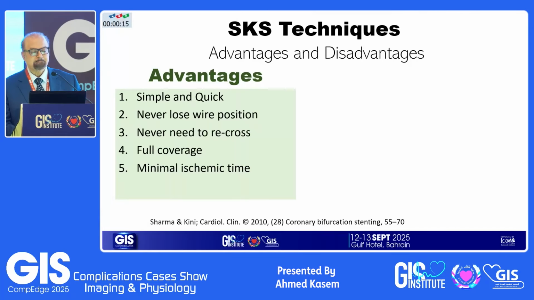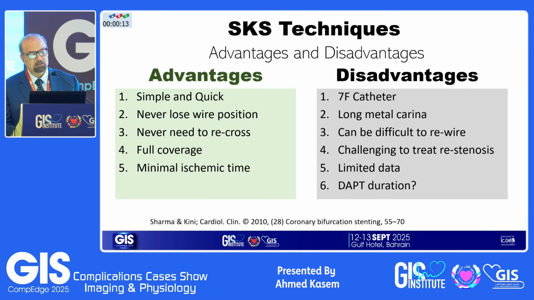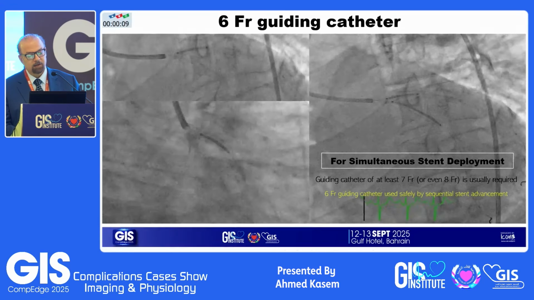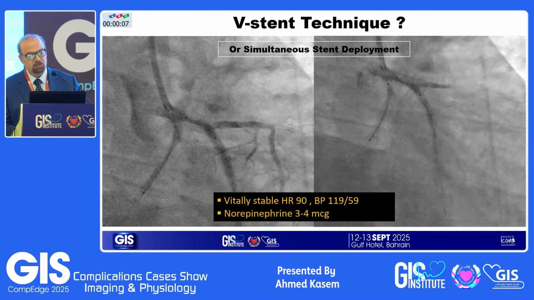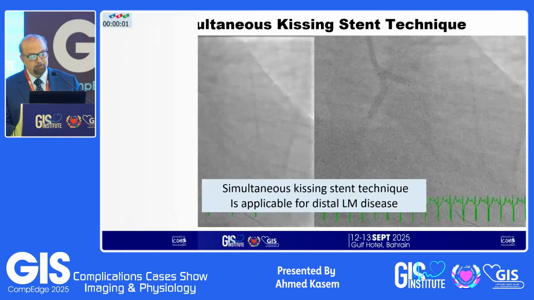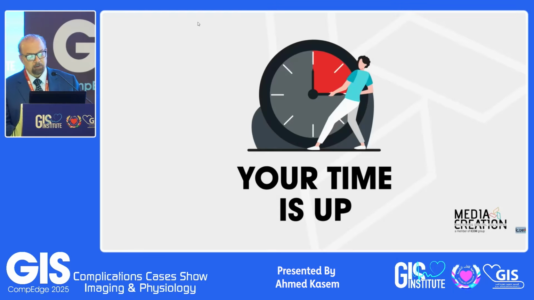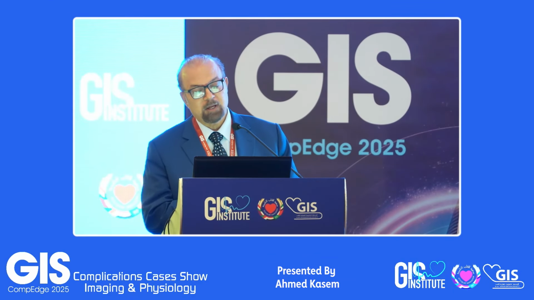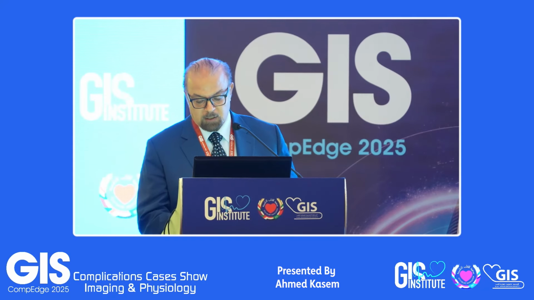Because of time, I pass all these slides. So I decided on the SKS technique, which is actually a modification of V stenting. We should make a little protrusion into the left main. Then I deploy the two stents and make a final kissing balloon.